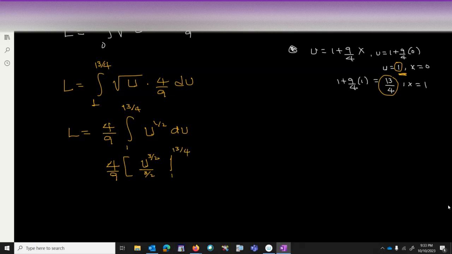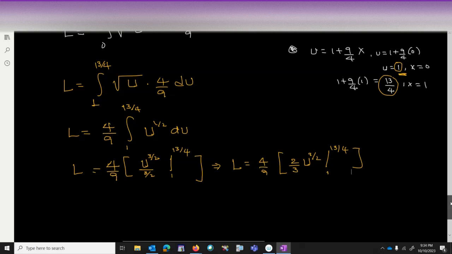So L is equal to 4 over 9 times 2 over 3 of u to the power of 3 over 2, from 1 to 13 over 4.